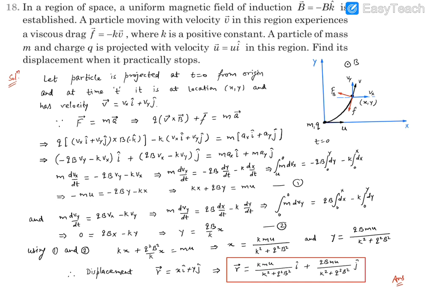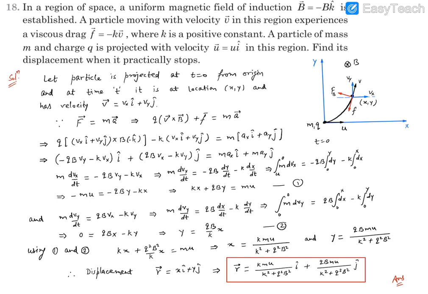So let's consider this is the x coordinate, y coordinate, this is the xy plane. The magnetic field is into the plane of this screen, because the z direction is outwards, so it's the minus z direction, inwards. So it's going to be in the minus k cap direction, right?